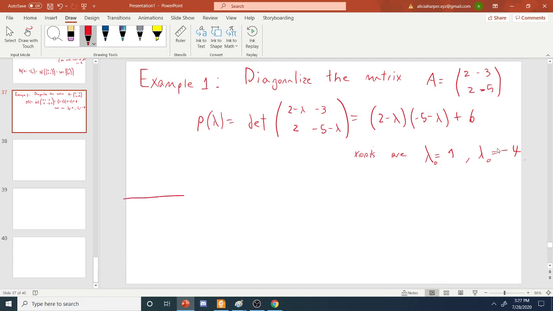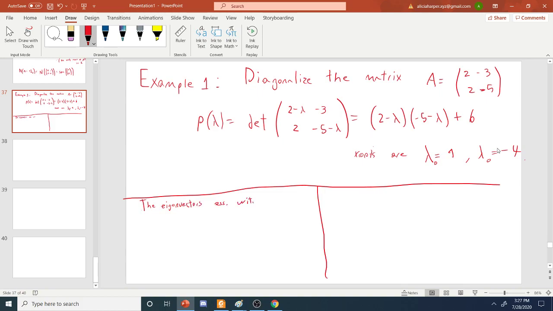So now we can look at the eigenvector, or the eigenvectors, associated with lambda naught equal to 1. This corresponds to the null space of 2 minus 1, negative 3, 2, negative 5 minus 1, which is the same as the null space of 1, negative 3, 2, negative 6.